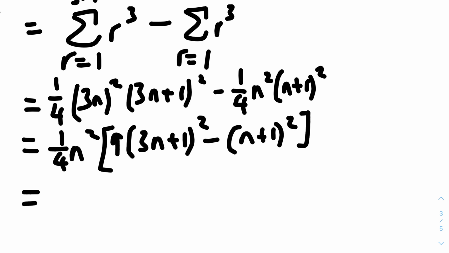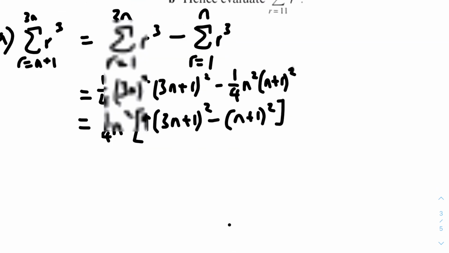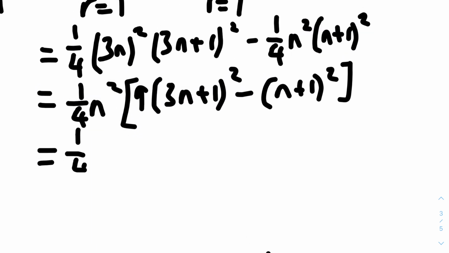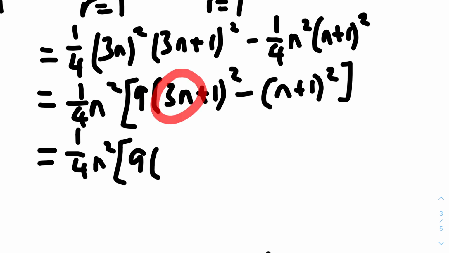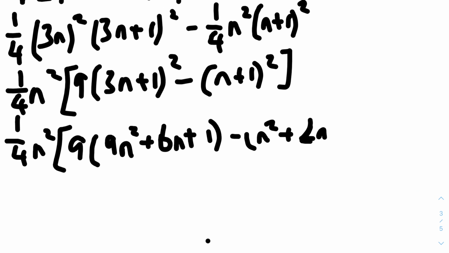So it will be 1 over 4 n squared, times 9 times, expanding this to get 9n squared plus 6n plus 1, minus n squared plus 2n plus 1, like so.